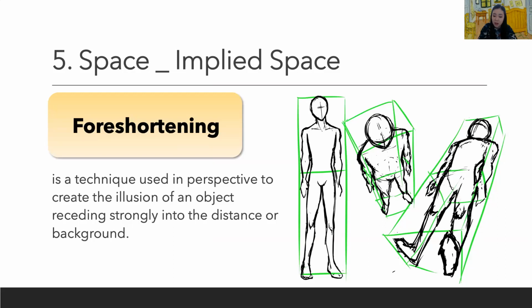The illusion is created by the object appearing shorter than it is in reality, making it seem compressed. So it is an excellent way to maximize the depth and dimension of paintings and drawings.